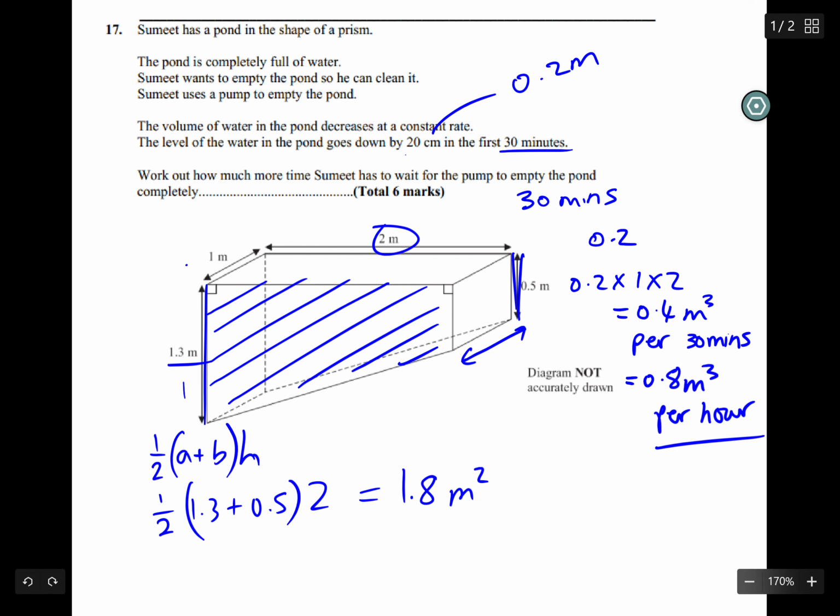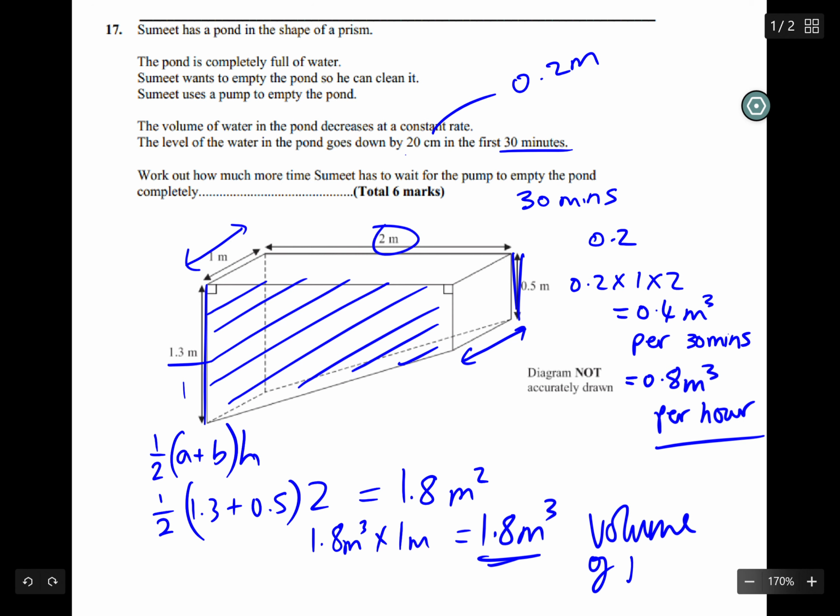So that's obviously going to be times 1. So 1.8 meters squared times 1 meter is actually going to give me 1.8 meters cubed. That's the volume of the pool. That's the total volume.